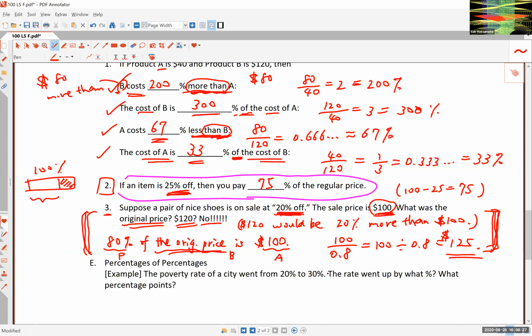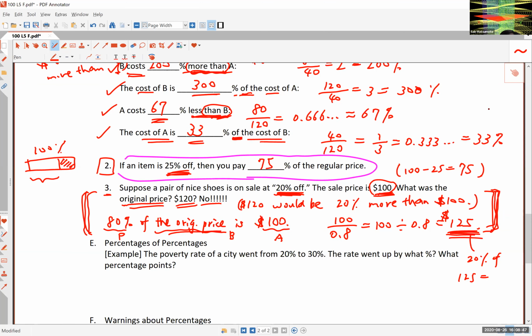The answer is absolutely $125 and not $120. Now, let's go ahead and check this. Let's say originally it was $125. What's 20% of 125? Well, 10% will be 12.5, so 20% of 125 is 12.5 plus 12.5.